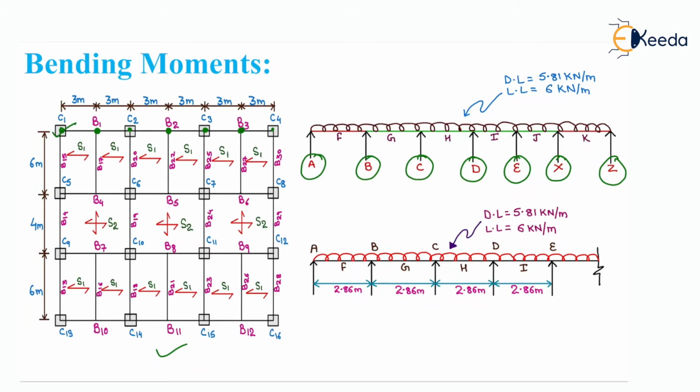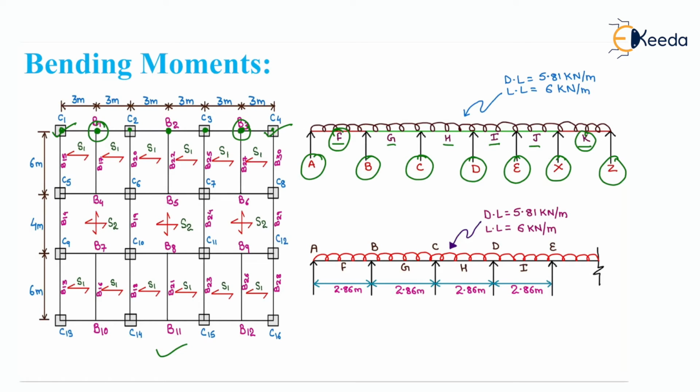Now, A and Z are end supports, B and X are next to end support and the rest are interior supports. And the following are the mid-span notations, that is F, G, H, I, J, K. From this, F and K are exterior spans and the rest are interior spans.